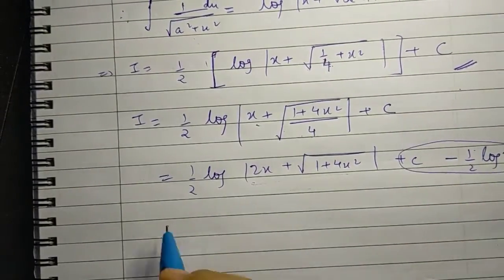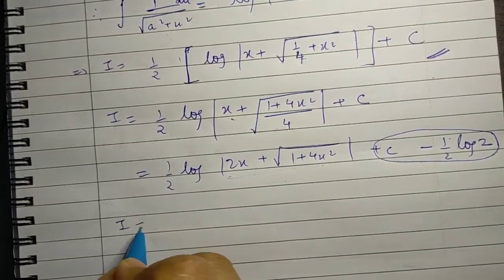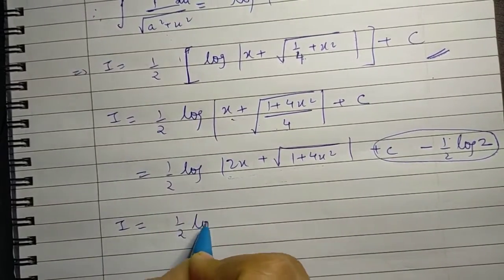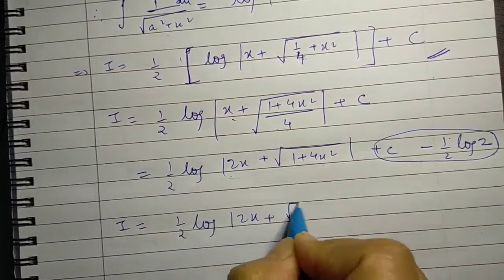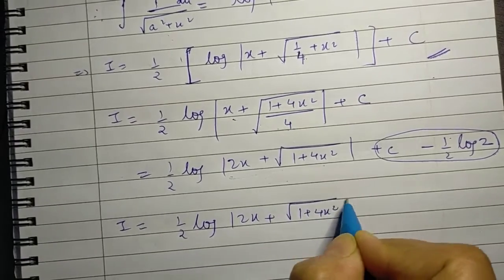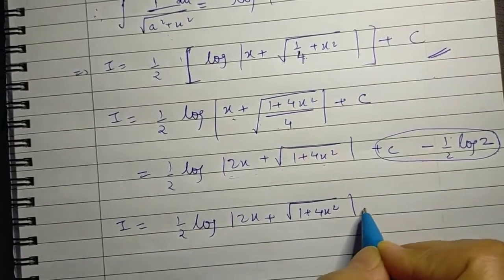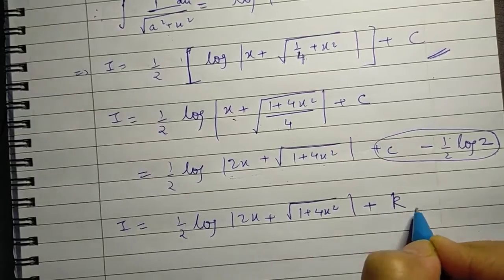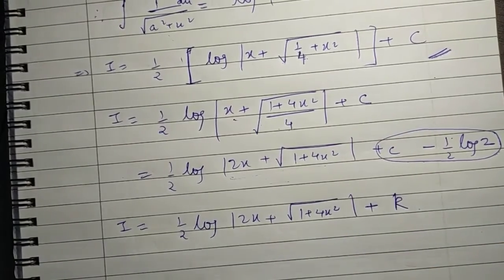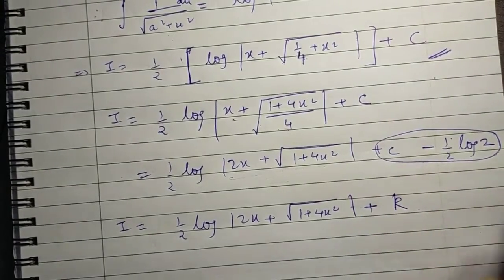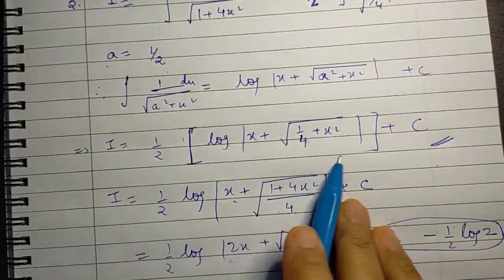This can be replaced with a constant, and so we get the result as half log 2x plus under root of 1 plus 4x square plus some constant which we can write as k. And this is the answer. Otherwise you can leave the answer in this form also.